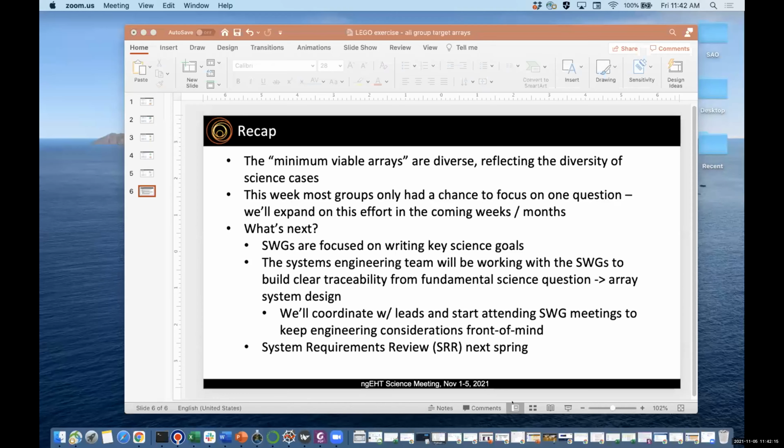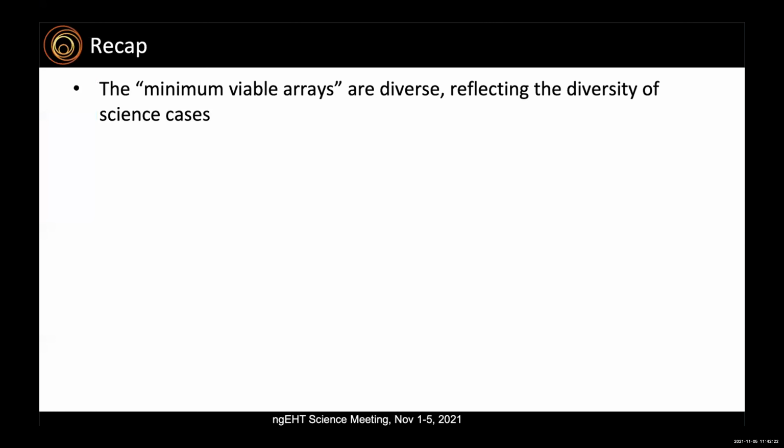So for recap, I just wanted to share this one slide and talk a little bit about next steps. Some thoughts that I had in designing this exercise, going through the various discussions and now seeing the presentations. The minimum viable arrays that we came up with are pretty diverse.